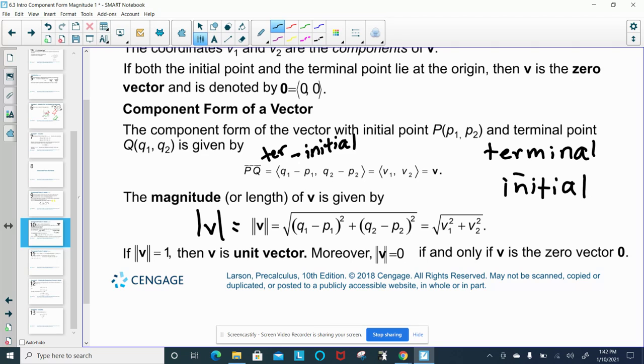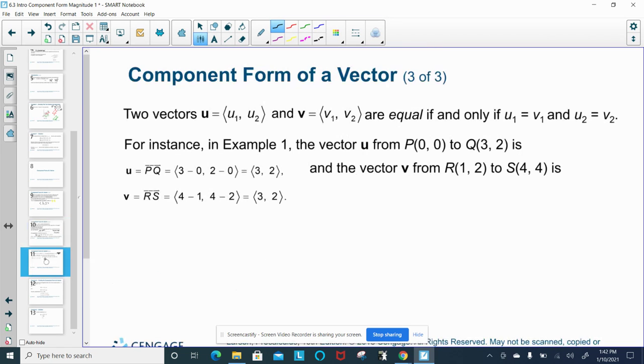But a lot of textbooks prefer this way because then it doesn't look like an absolute value. So you can say that 2 vectors are equal if they have the same component form. That kind of makes sense, just like our 2. They both were 3, 2. So they were equal. They had equal components.